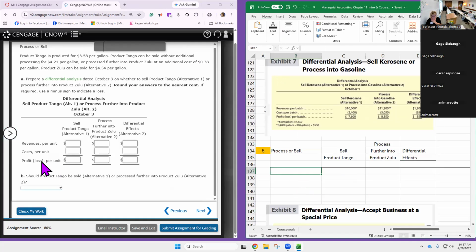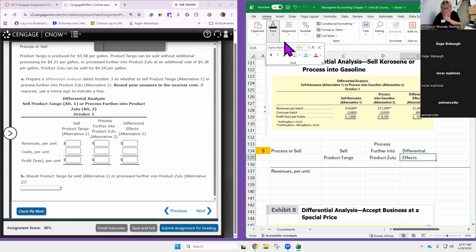All right. The first thing we want are revenues, and we need it by per unit. So we'll be careful with that. Revenues per unit. Okay. All right. And then we need cost per unit and then profit per unit.